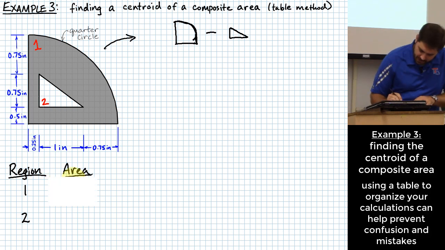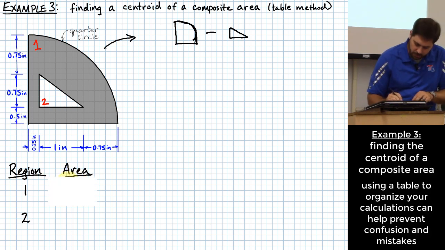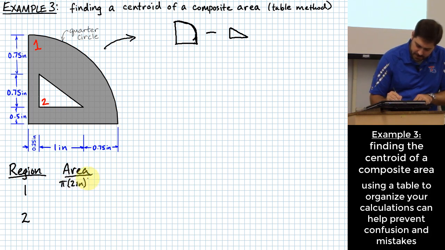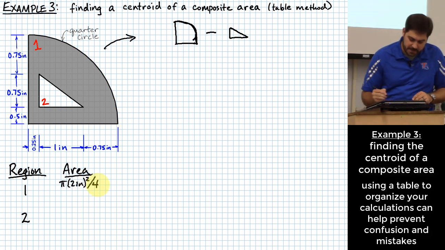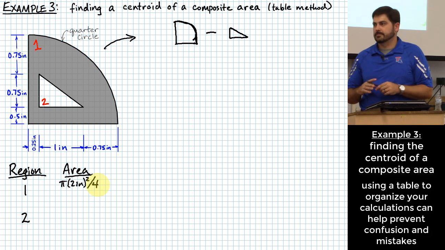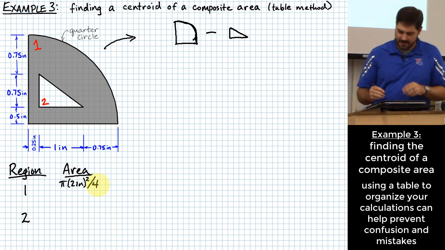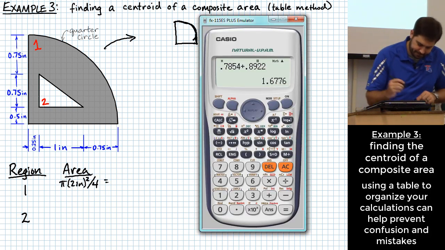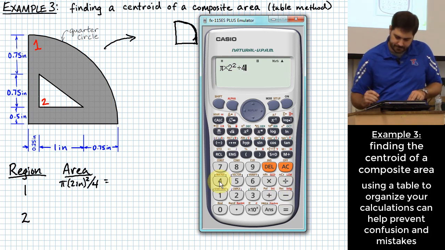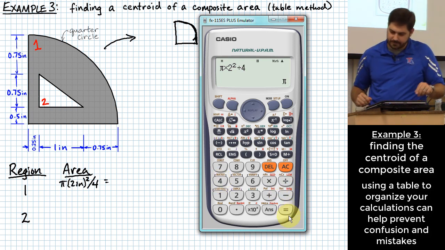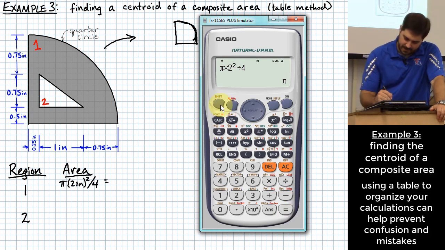So what we're saying here is that the total area of the overall circle would be pi times 2 inches squared, right? And then we will divide by 4 because it's a quarter circle. All right, so let's go ahead and punch this in. Pi times 2 inches squared over 4. Right? Thank you, Casio.